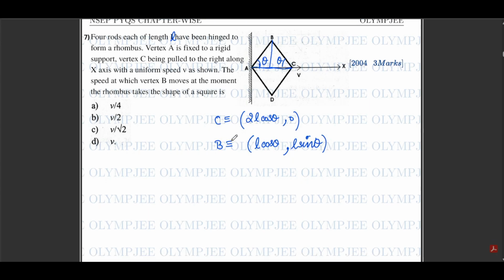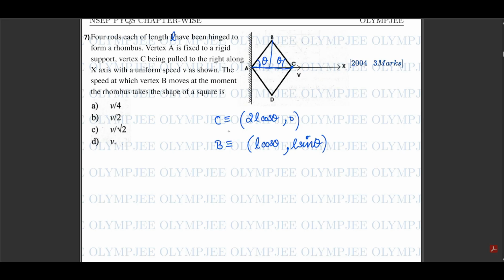So we know that since the coordinates for both B and C are related, the velocity will also be related.